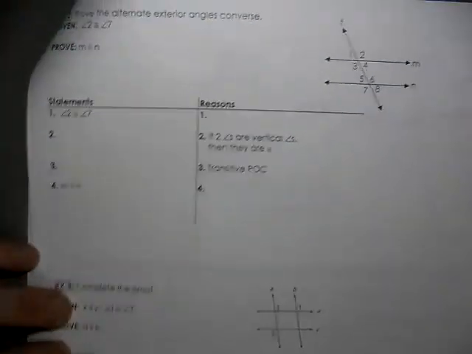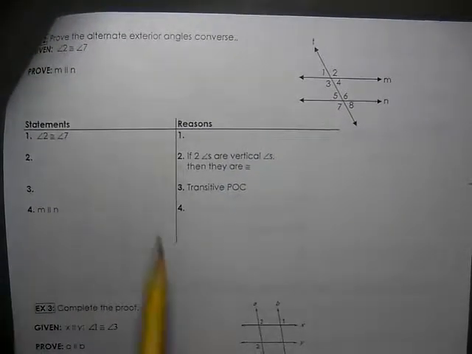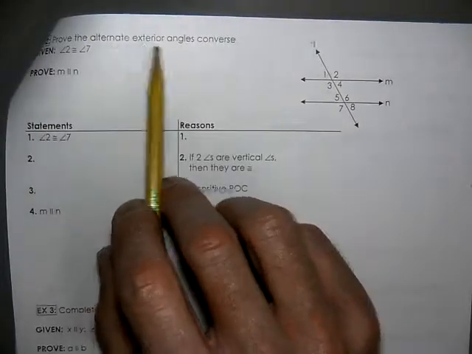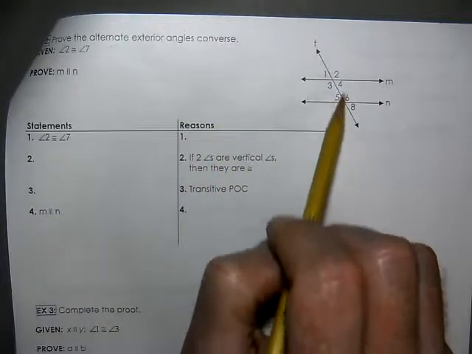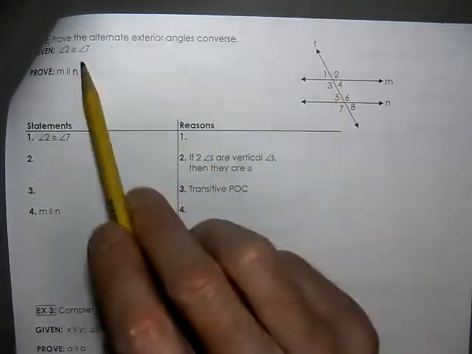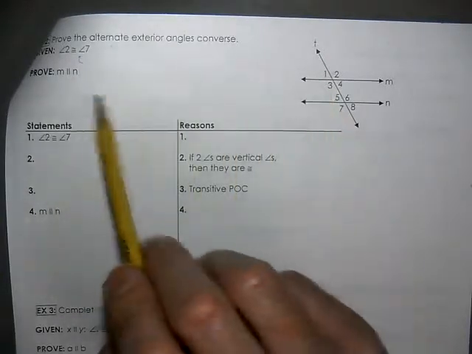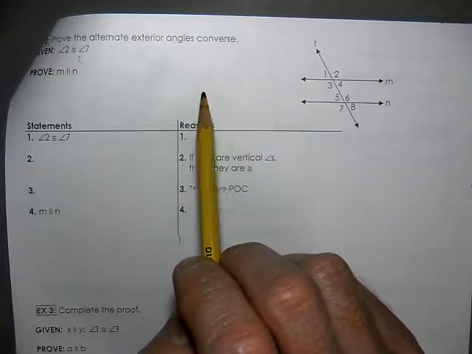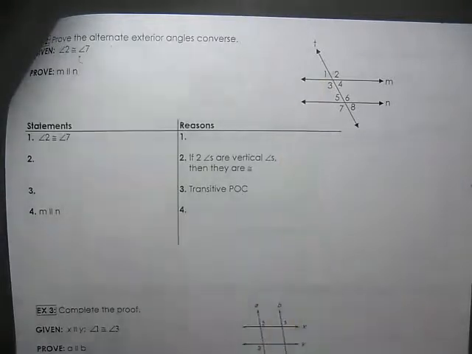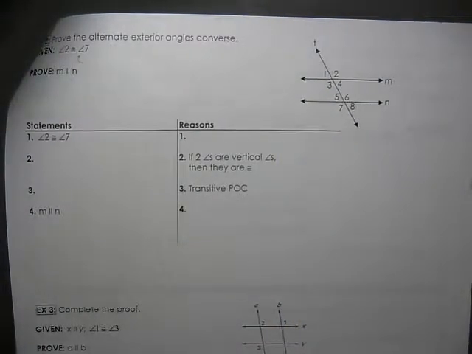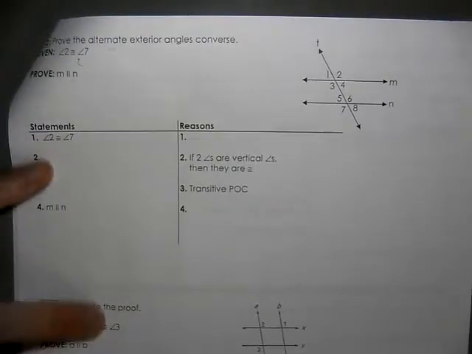So as we go back to our proof, currently this is on page 19. Now we can talk about this alternate exterior converse. So what we're going to do is know that we're showing they're congruent. For us to prove the lines are parallel, we have to be able to say that the corresponding angles are congruent, because that shows parallel. That's the postulate.